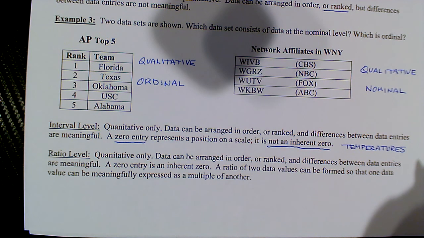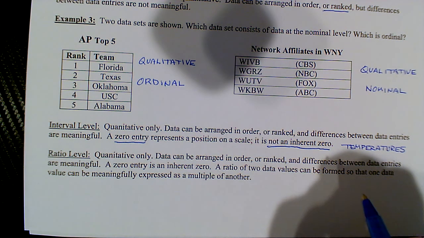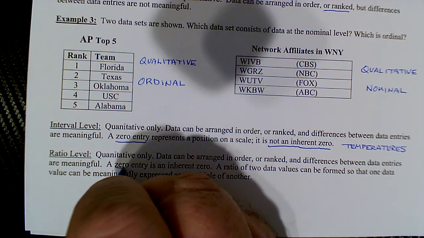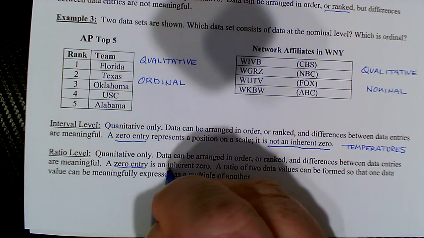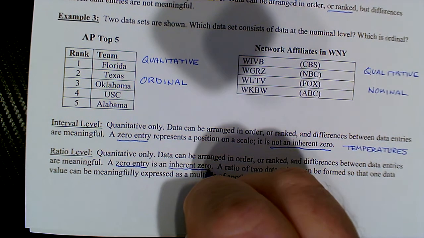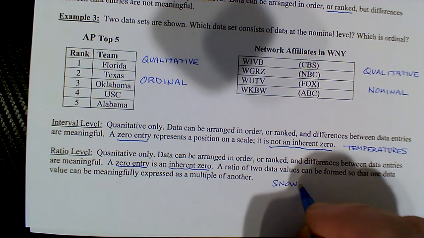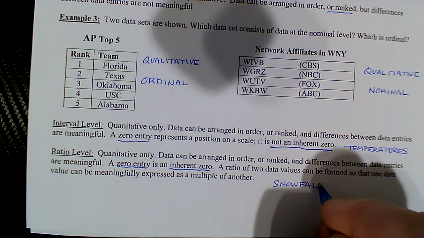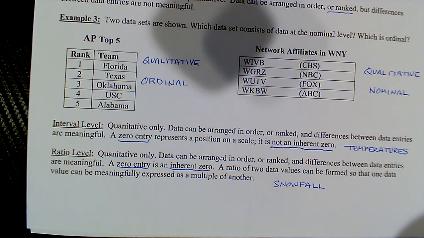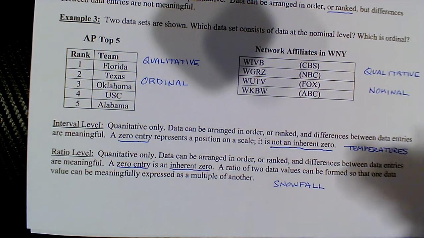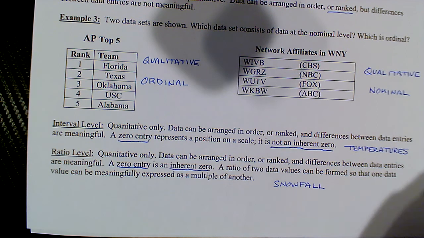You could have temperatures that are above or below zero. So that's interval. As opposed to a ratio where a zero entry is an inherent zero. For example, snowfall. So you could either have zero, you can't have a negative amount of snowfall.